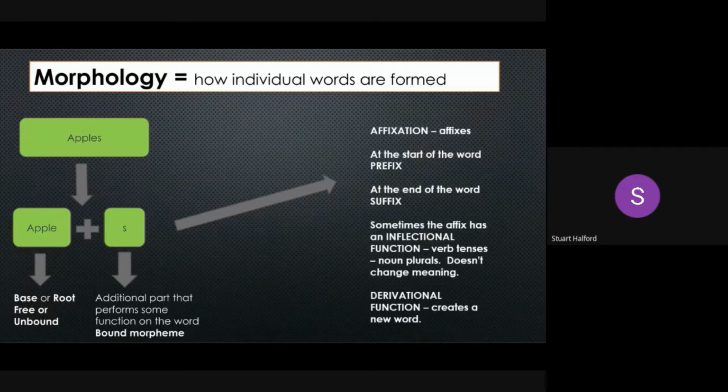The other form of morphology is the derivational function, where we add a suffix or a prefix, or sometimes in some languages what's called a circumflex, at the end, beginning, or in the center of the word, and it creates a brand new word.